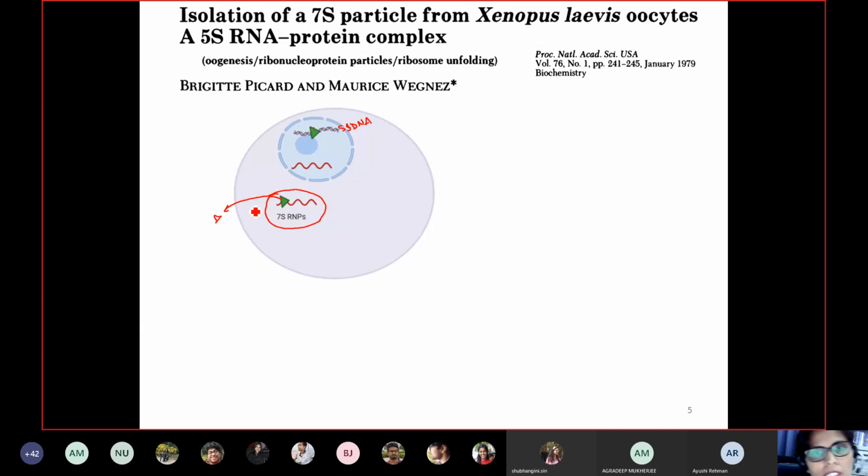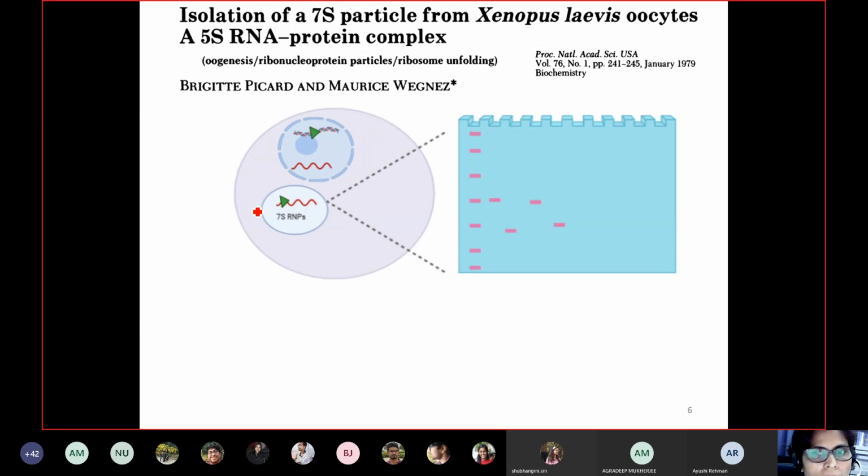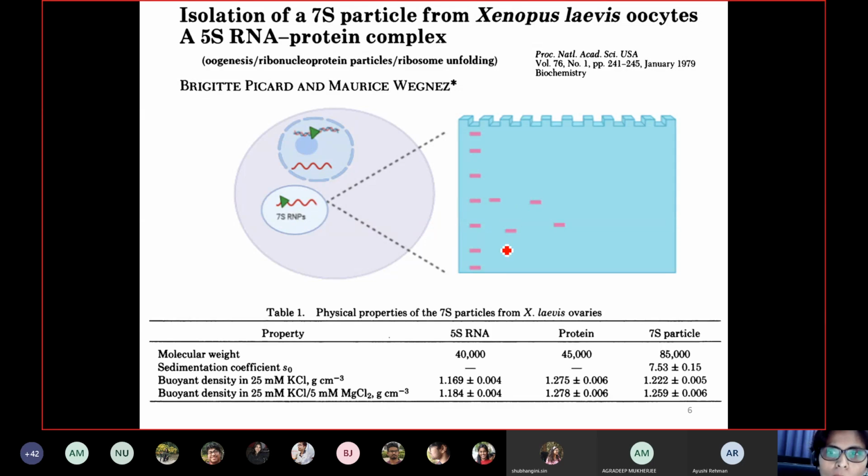They extracted this 5S material and ran it on a gel. From the gel, they found that there is one molecule within this 5S RNP, probably a 45 kilodalton protein, which is bound to the RNA. So this is your DNA of 5S RNA, and this is your 5S RNA.